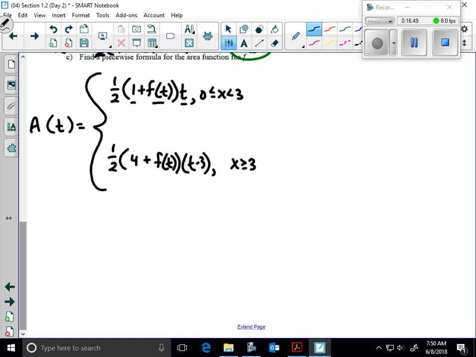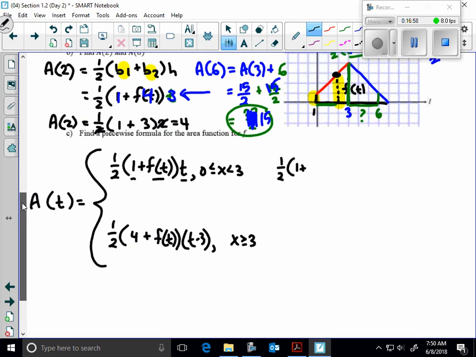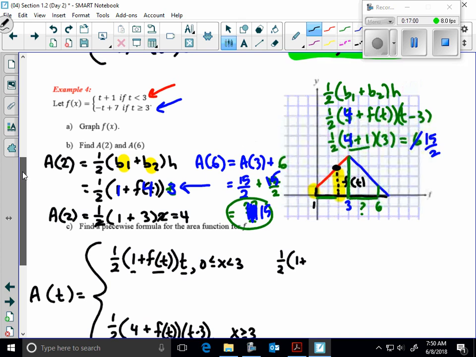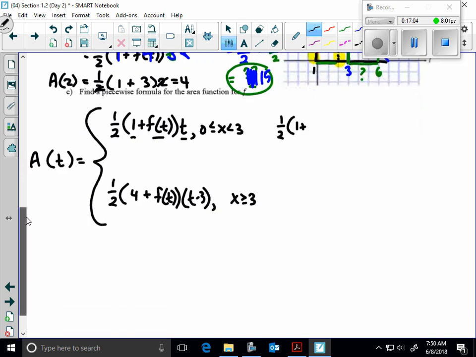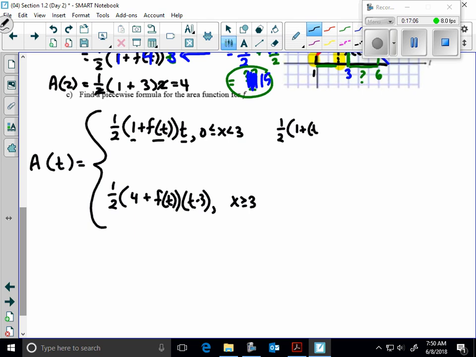So if I simplify that real quick, I get 1/2 of 1 plus f of t. What was f of t in the actual function? Well, f of t was t plus 1 in that interval. Okay, so t plus 1 goes in here, and we multiply by t. This is good for this interval 0 to 3.